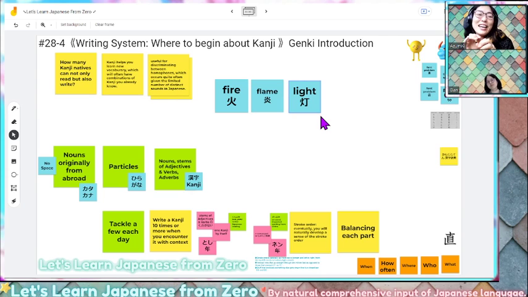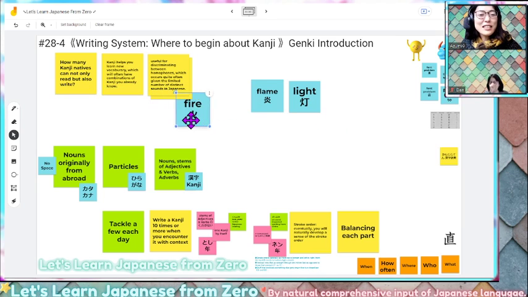You don't need to learn from zero. For flame, if you know fire, it's so easy. You just remember the configuration. That's a very interesting characteristic of kanji, I guess. All right, next point.